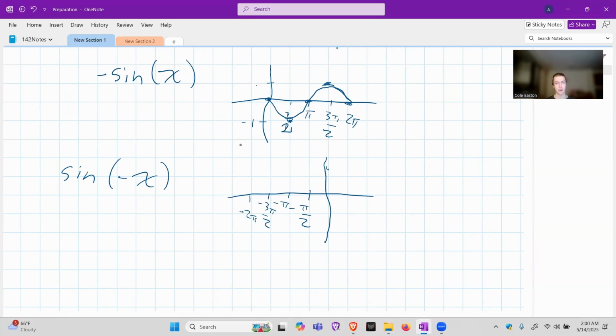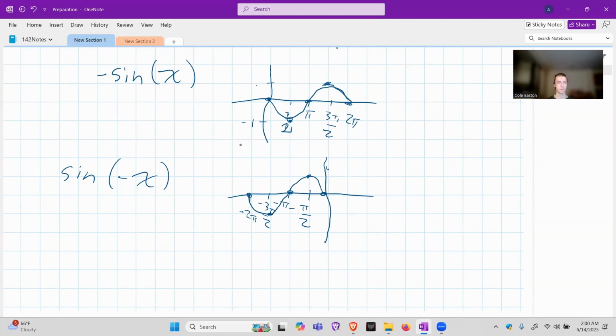So I'm comparing this graph to the graph we drew before. So of course, 0, -0, 0. If x is negative pi over 2, then negative of that gives me pi over 2, so sine of that is 1. Sine of pi is 0. Sine of 3 pi over 2 is -1. And then we go like this. The reason I'm picking these inputs is because once I apply this negative to these inputs, I get the inputs that I had before.